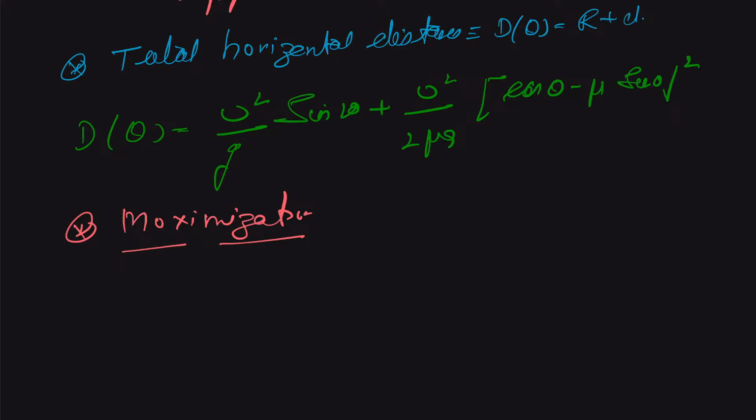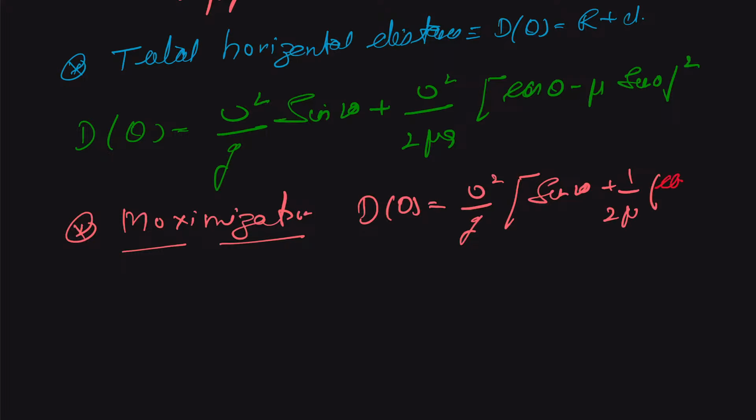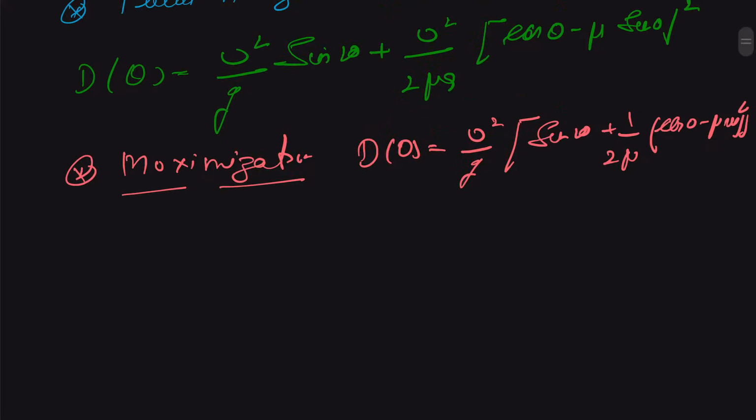So let me rephrase this equation. We can write D of theta is equal to V squared by g, and this comes as sine of 2 theta plus 1 upon 2 mu, cos theta minus mu sine theta whole squared. So we can just for the time being ignore this part.